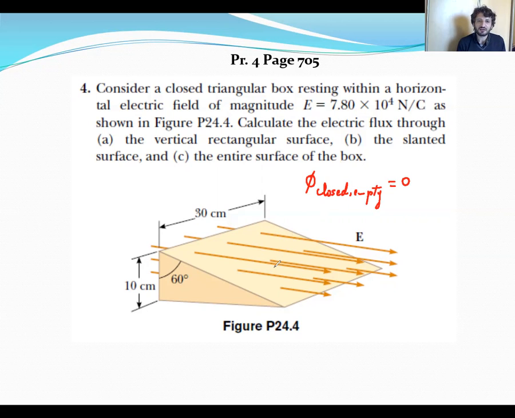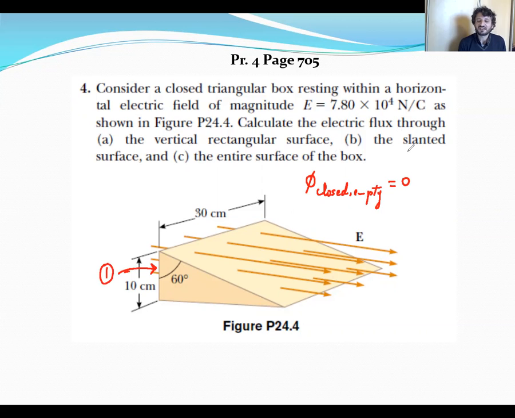And we have a triangular box, as you see. Now I want to calculate the electric flux through the vertical triangular surface, I mean the back side of this object, let's say part 1.